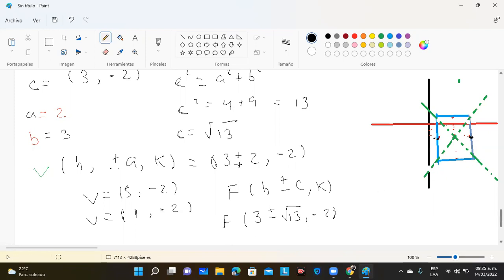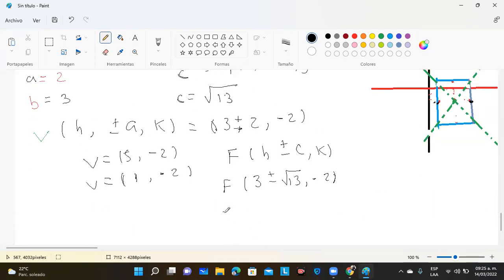And the equation for the asymptotes is going to be y minus k equals plus or minus b over a times x minus h. This is the slope, remember, b over a. So now we have y minus k, and k is minus 2.